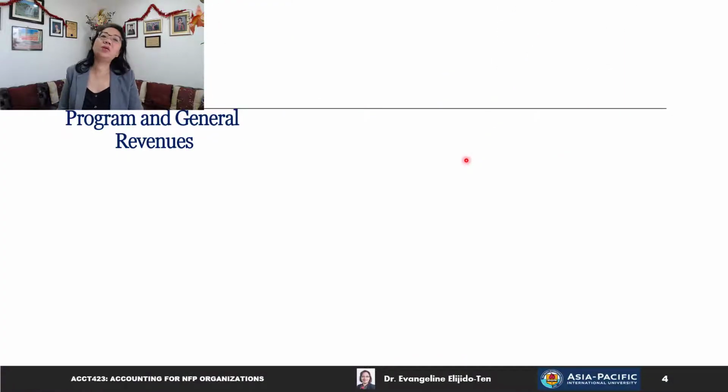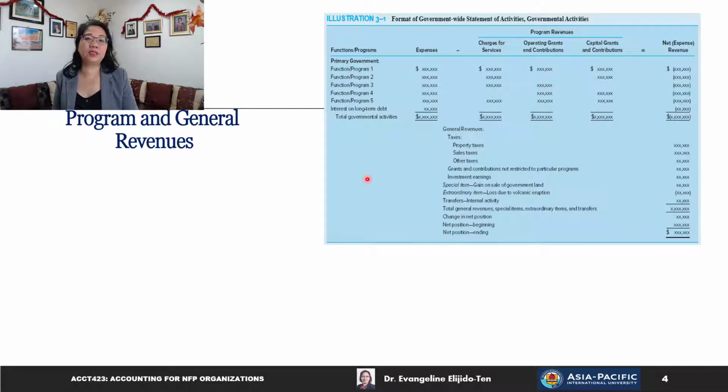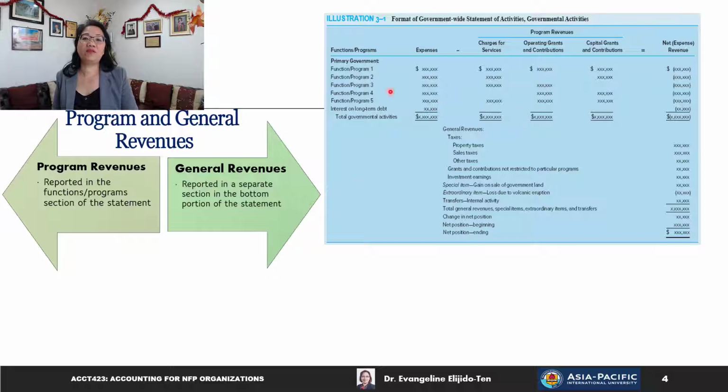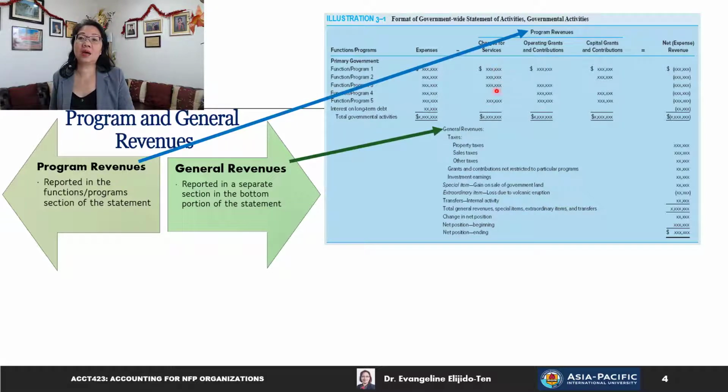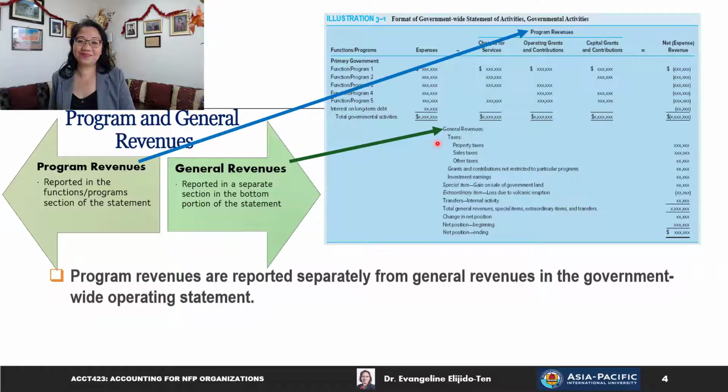What about program and general revenues? Well, the program revenues, as you can see here, are reported in the functions and programs section of the statement. So these are the program revenues, whereas general revenues are reported in a separate section at the bottom portion of the statement.